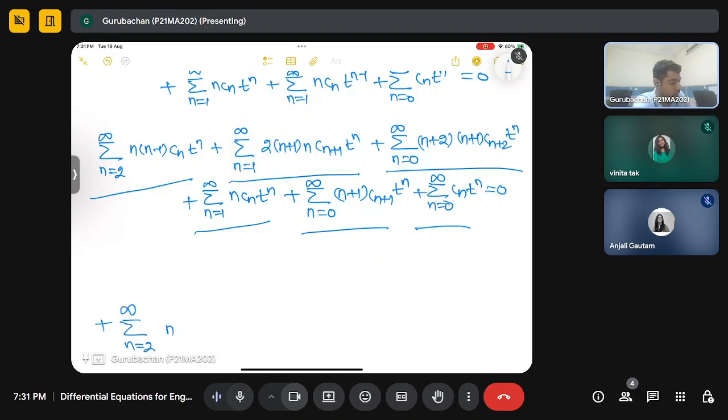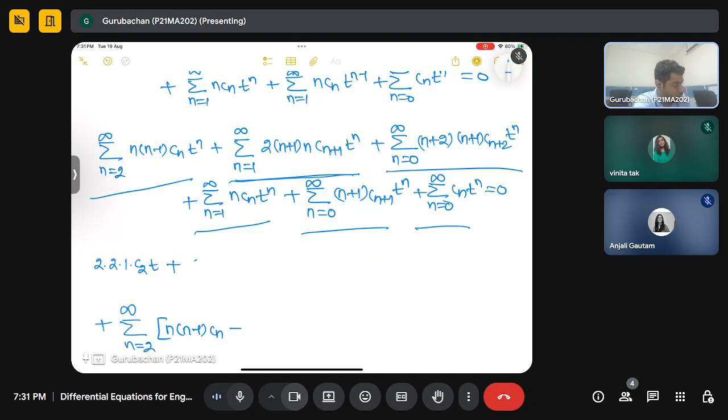This will be n into n minus 1 c_n, plus, and since another one is starting from n equal to 1, this will give you 2 into 1 into c_2 t.